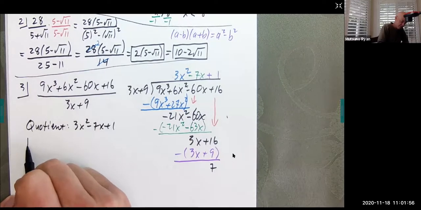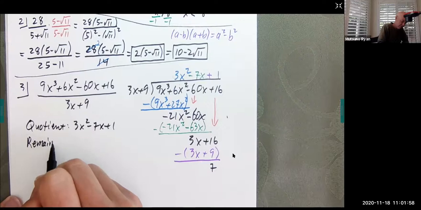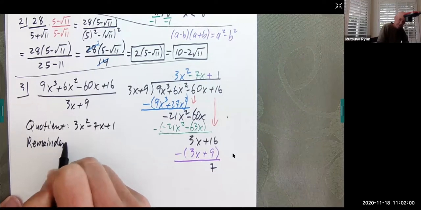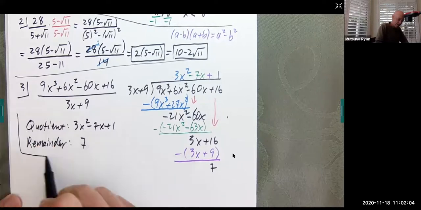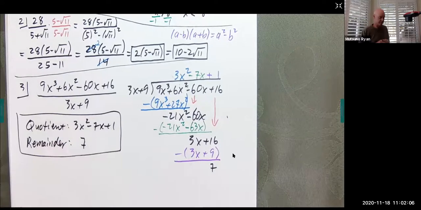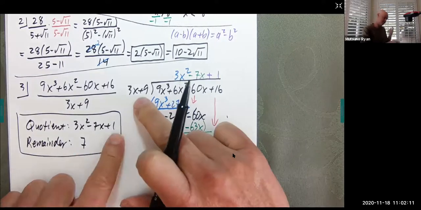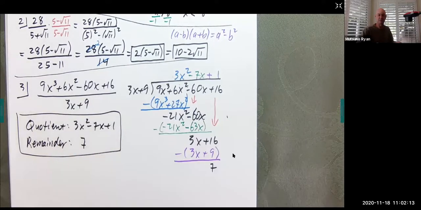And the remainder is 7. Which in this case is how they ask us to write it. Sometimes they'll have you put that over that and add that at the end, but it just depends on the questions being asked.